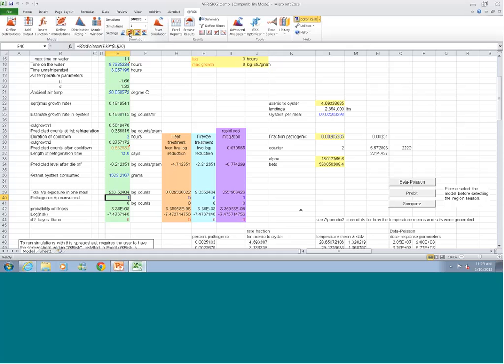Now here I've just stopped, just by dumb luck, on someone who's consuming 1 pathogenic Vibrio. Look up in row 36 at the size of the meal that this person consumed. This was 1,500 grams of oysters. I would think that would make you sick whether you had pathogenic Vibrio in it or not. But that's the point.